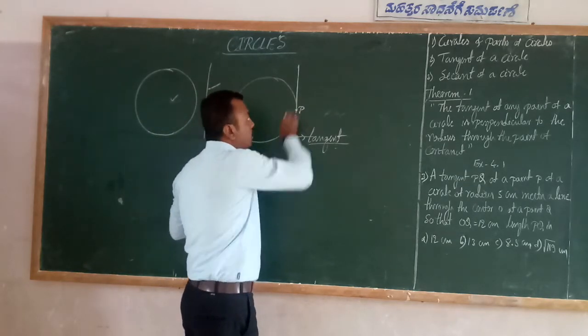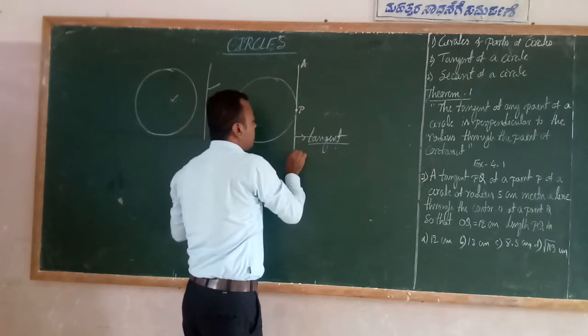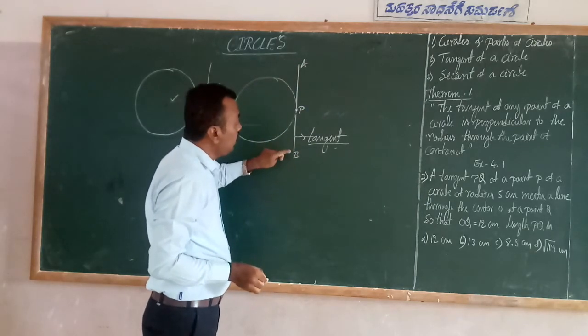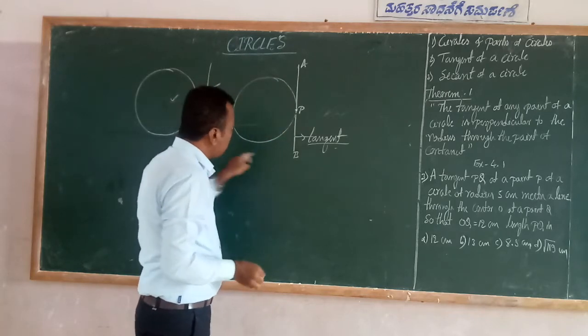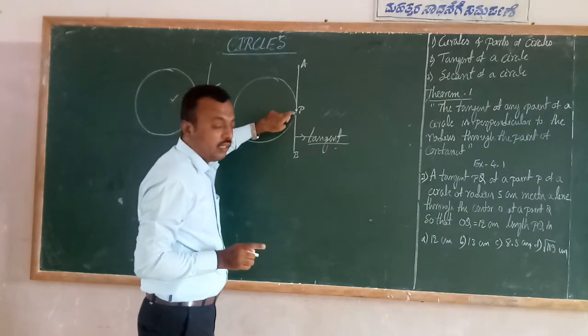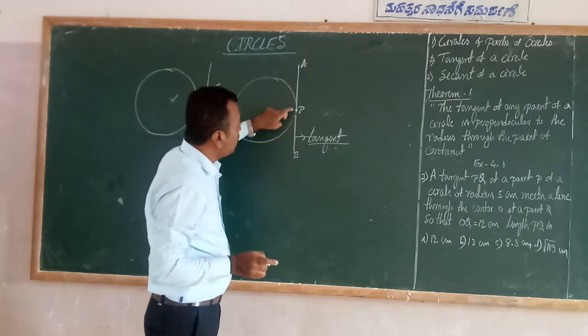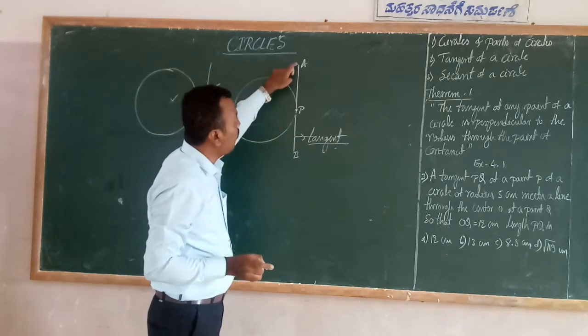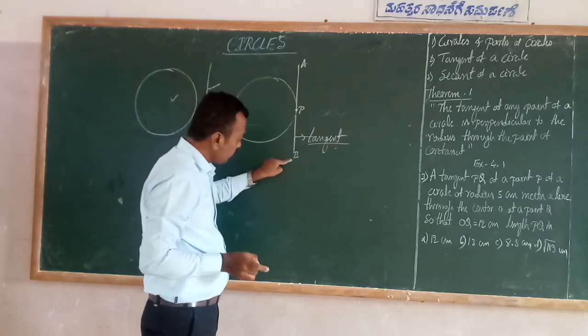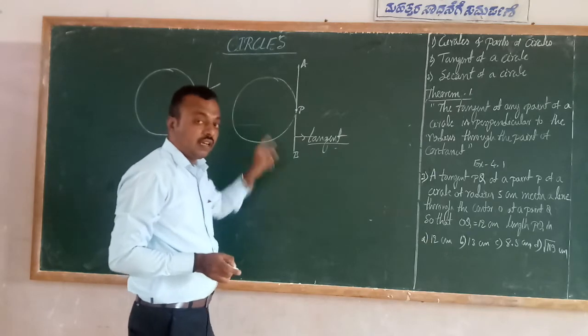Let's take this point as P. And let this be AB. So see students, the line AB intersects the circle at only one point, that is P. This AB line segment touches the circle at the point P, therefore AB is a tangent.